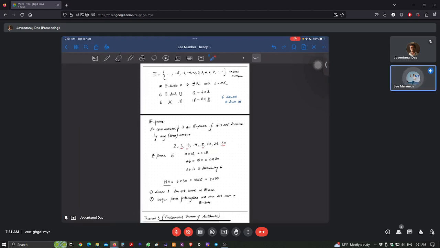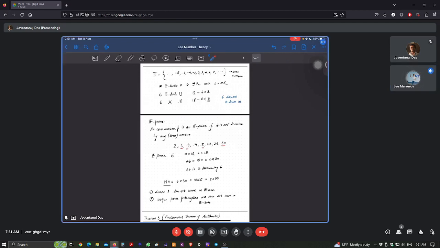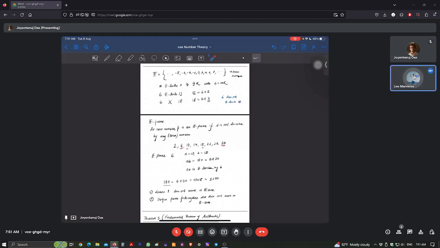So basically if you have 18, I guess you first find the factors of 18, right? 2 and 3. And then all the factors must belong to the zone.